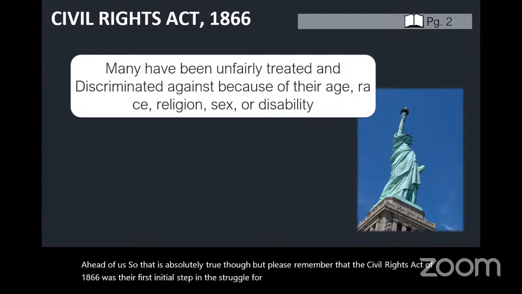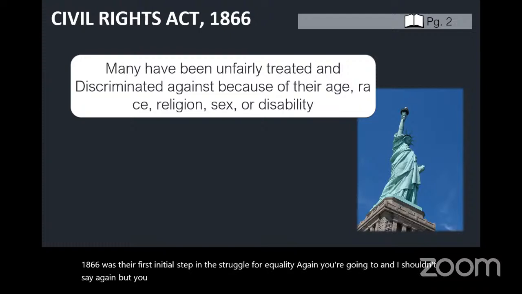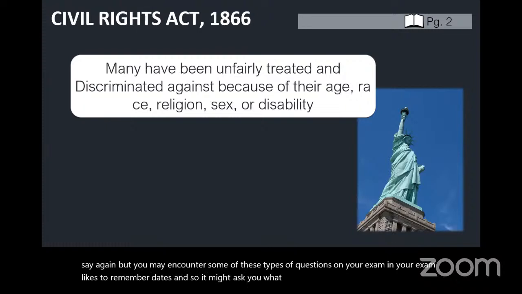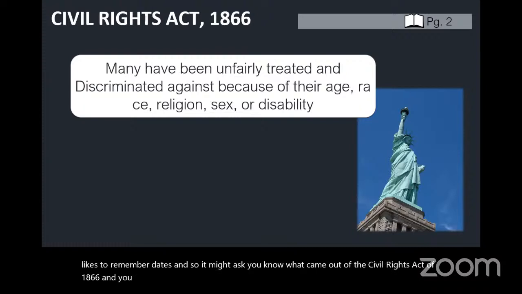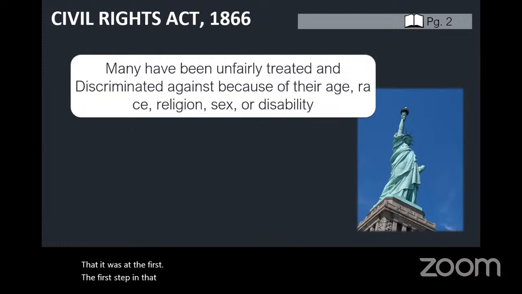You may encounter some of these types of questions on your exam, and your exam likes to remember dates. It might ask you what came out of the Civil Rights Act of 1866, and you want to remember that it was the first step in the struggle for equal rights.